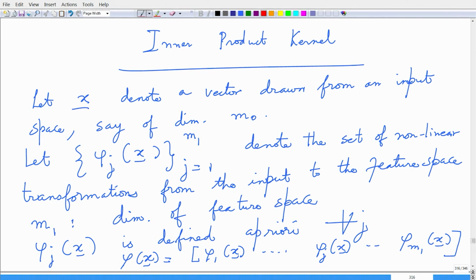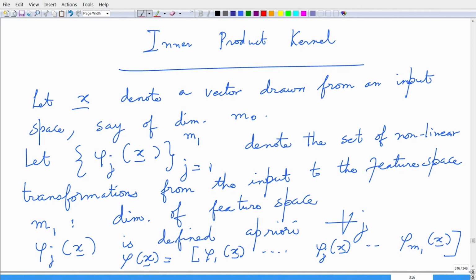I have a feature vector in an m1 dimensional space, therefore I have coordinates j equals 1 to m1 and each coordinate basically represents a nonlinear mapping acting on this vector. So the j can be different, right, j can be from 1 to m1, so I can have different sort of mappings at each coordinate, right, the functions can be different at each coordinate.